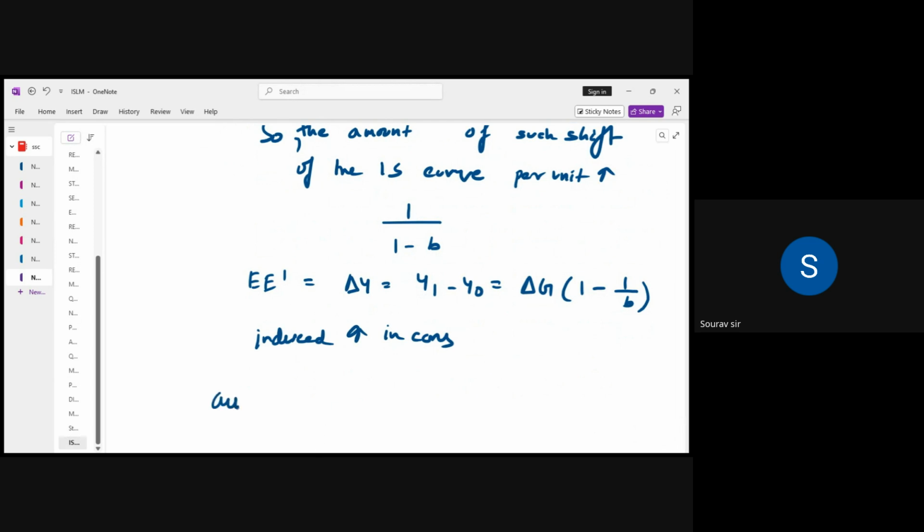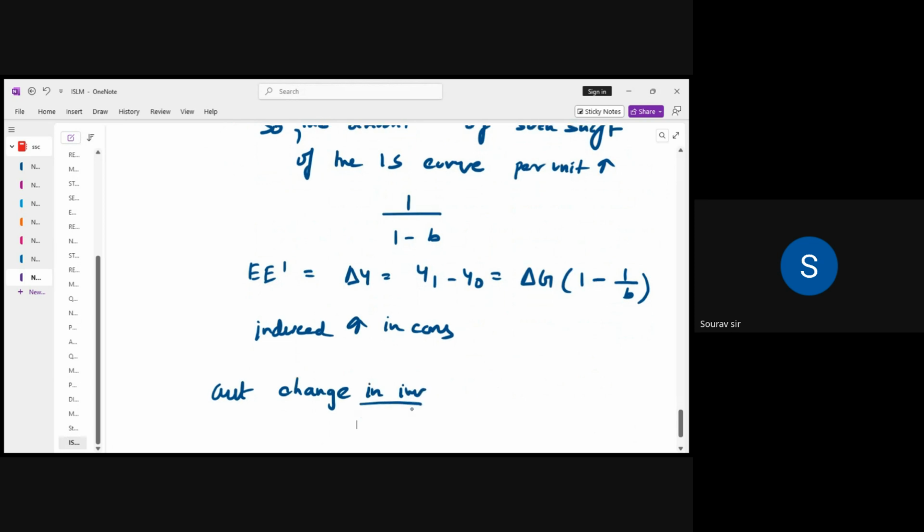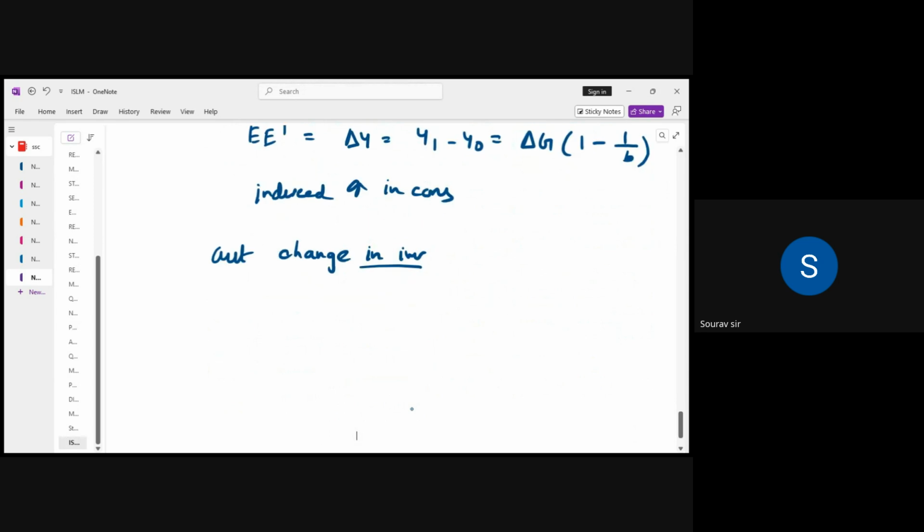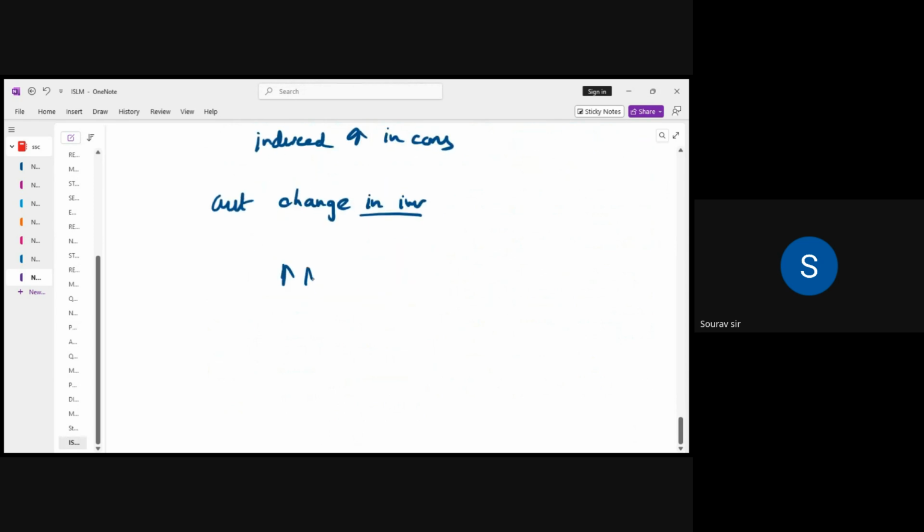With an autonomous change in investment also, what will happen? Suppose there is an increase in MEC, caused by a favorable shift in expectation about the future. As a result, the IS curve will also shift to the right, so this combined I plus G curve shifts to the right.